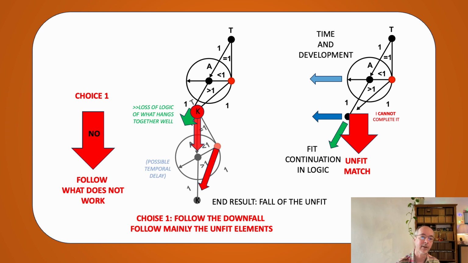If I break the continuation there, my logic of the elements that hang well together will be broken as well. There will be a certain delay, and in the end I will succeed in that all the unfit will fall, including what I fail to do, of course, because I don't have the right logic anymore to simply follow this path alone.